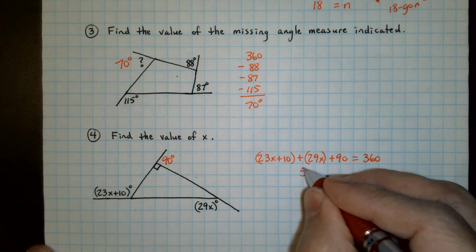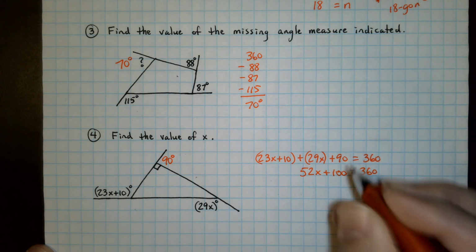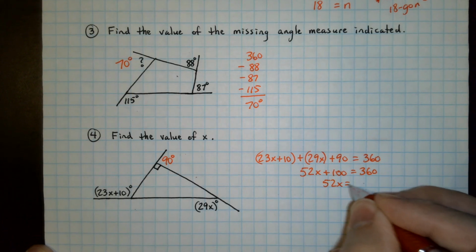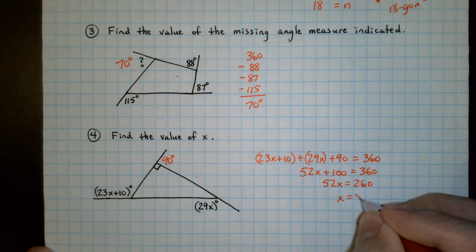So if we begin to solve, we get 52x plus 100. Subtract 100. And 260 divided by 52 gives us 5.